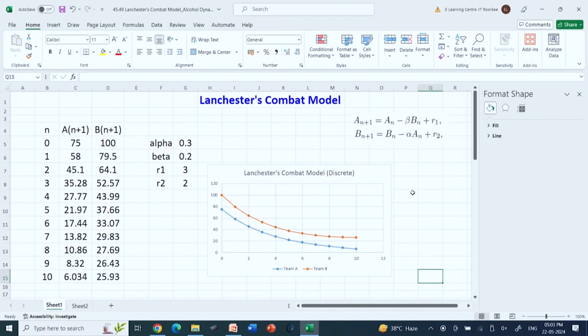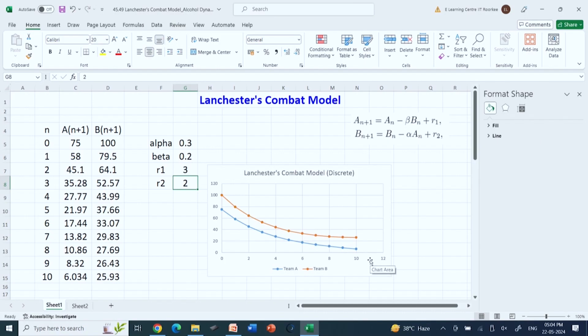So, in this model what you see here is that team B has started from 100, team A has started from 75. Though the fighting effectiveness of team A is more than team B, and also the reinforcement of team A is more than team B, still team B is winning because their numbers are high.